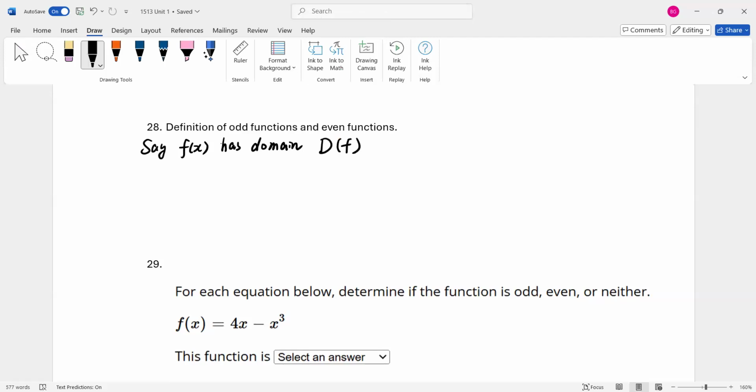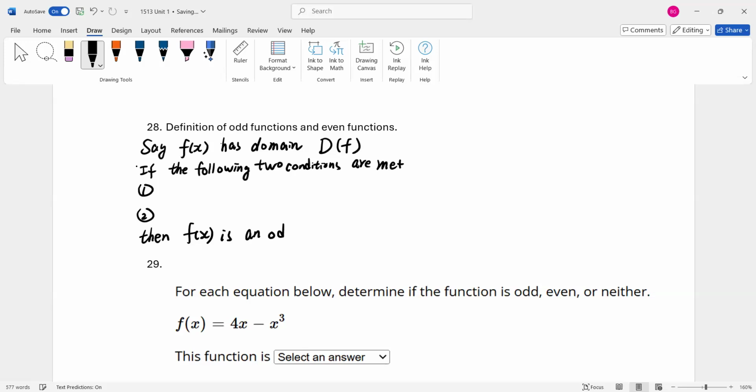If the following 2 conditions are met, I'm going to write the 2 conditions, then f of x is an odd function, right? So let's give the definition for odd function first.